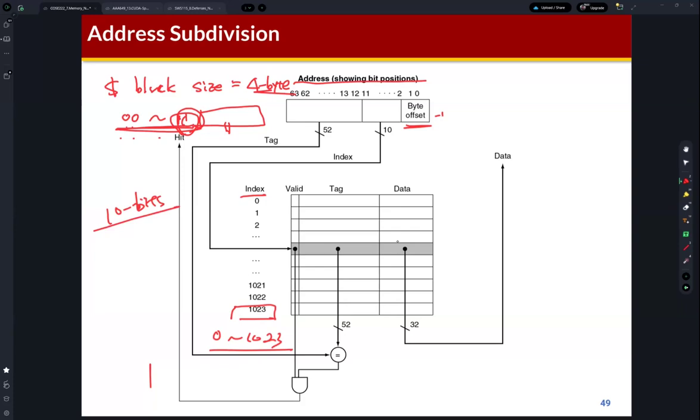So the next 10 bits will be used as the index of cache, right? And then in the address, for example of a 64-bit computer, the remaining bits are used as a tag.